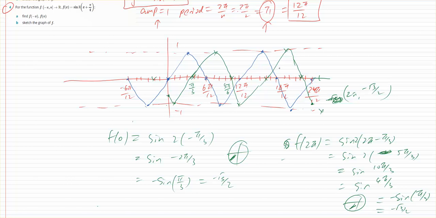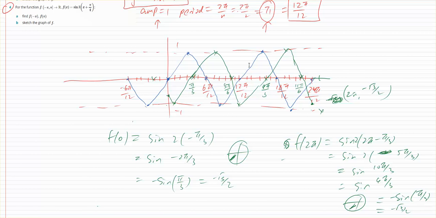Next point is 13, 14, 15, 16. 16 pi over 12 is the same as 4 pi over 3. And the next one, 18, 19, 20, 21, 22. 22 pi over 12 is the same as 11 pi over 6. Okay, so sometimes you don't even need to solve the equation because our scale is good. We can literally count and simplify the fraction to get what our point is.